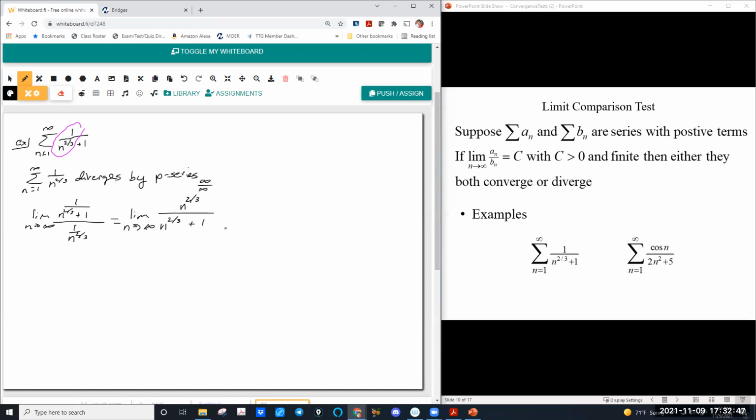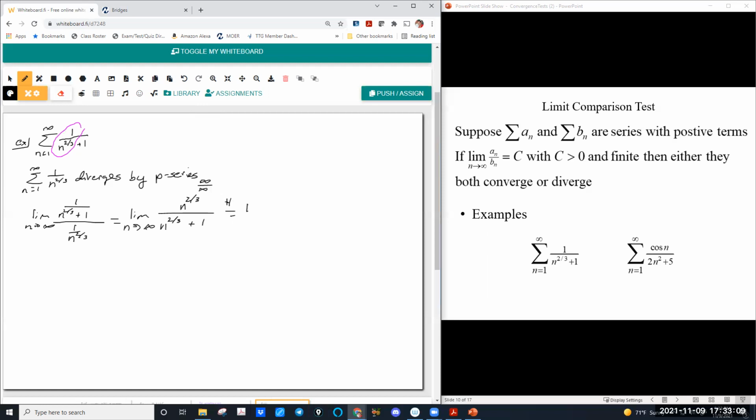This allows us to use L'Hopital's rule. For some of you, it might have been a while since using L'Hopital's rule. It's not that difficult. What I do when I use L'Hopital's rule is put an H over the equals sign to let people know I used L'Hopital's, so you'll always be able to tell if you look at my work later. H over the equals on a limit means I used L'Hopital's.